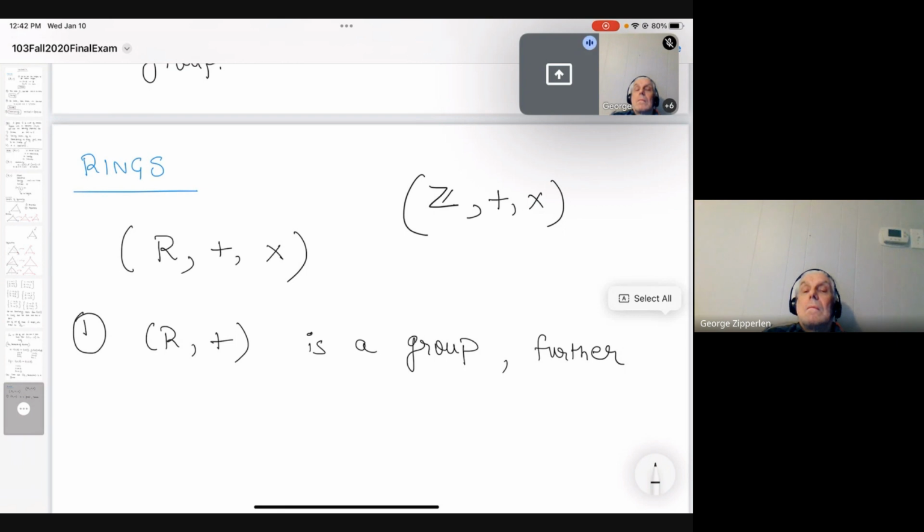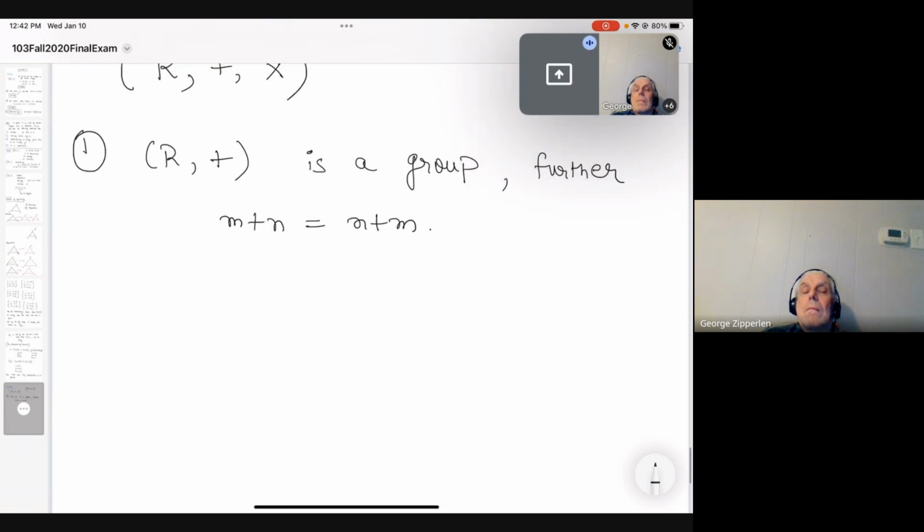Further, if we take any two elements m and n and you add them, the order of addition doesn't matter. M plus n is the same as n plus m, like what happens with integers. 1 plus 2 is the same as 2 plus 1, and so on. So this is a group.